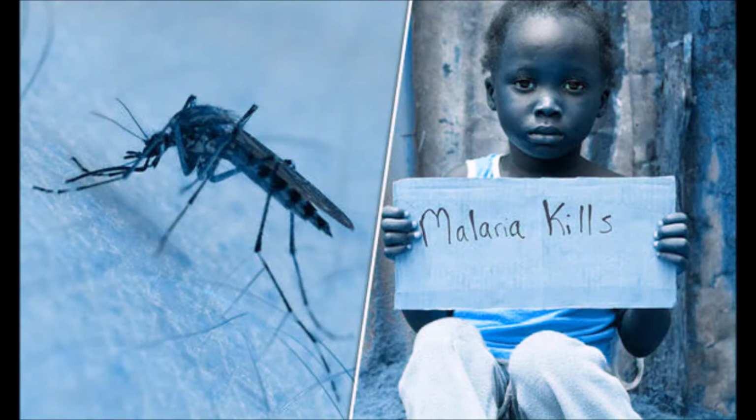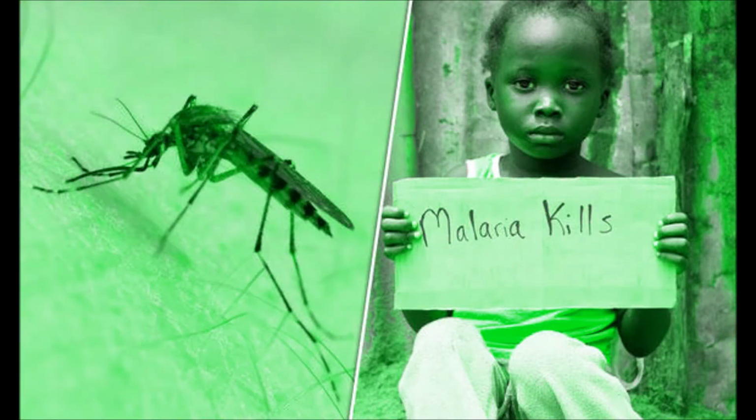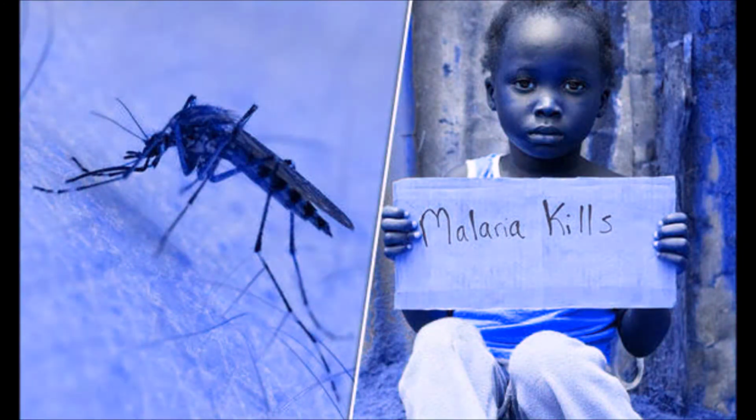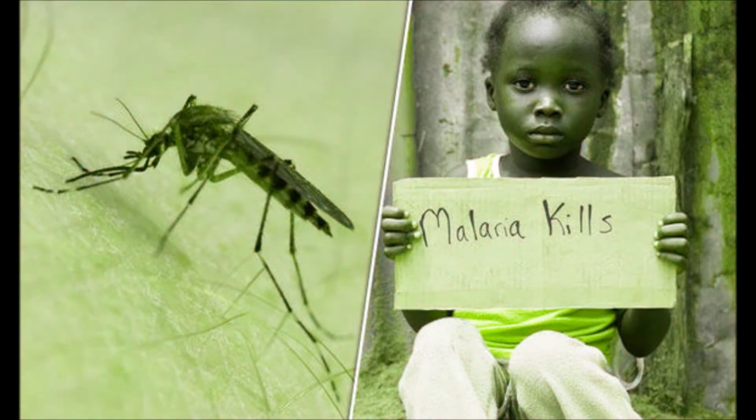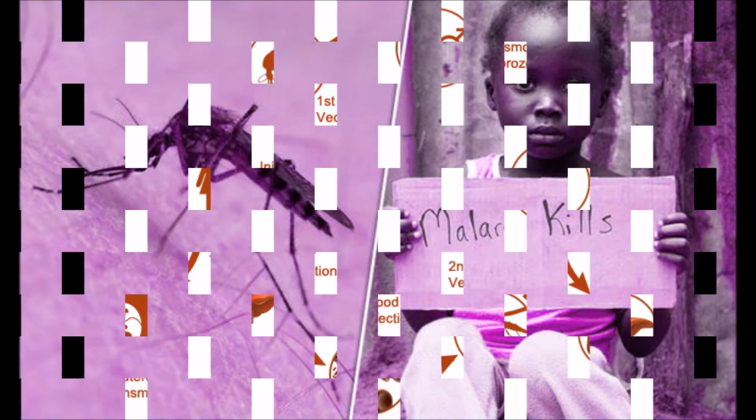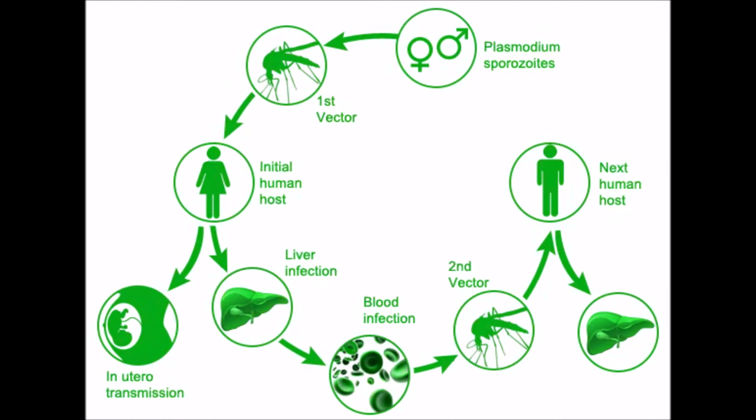These two forms can stay in tissue like the liver, and they would not cause any symptoms, and they can stay there for 6 months to 1 year, only to resurface some years later. So that is why it is important to treat against the tissue form of malaria and the blood form of malaria, such as falciparum. So in other words, there are different treatment regimens for these forms.